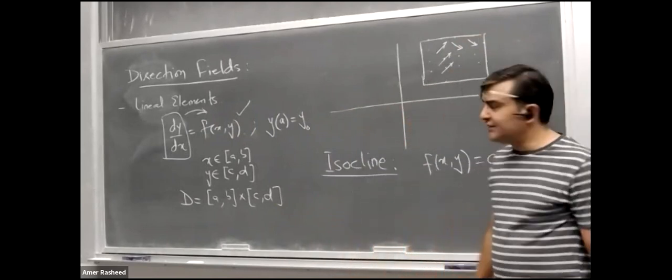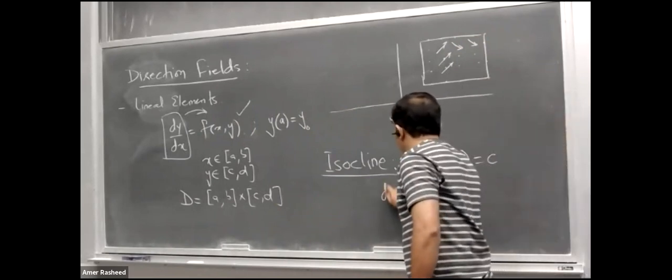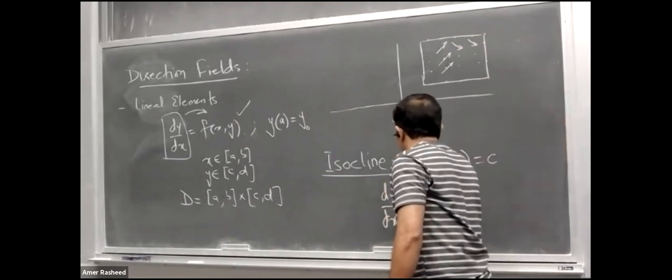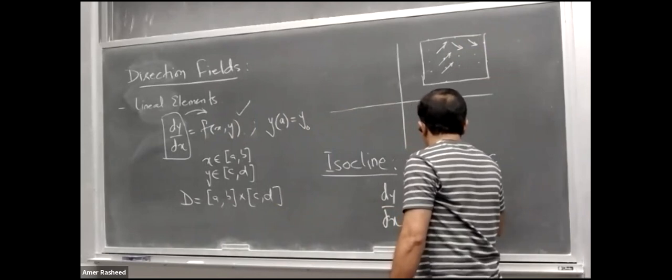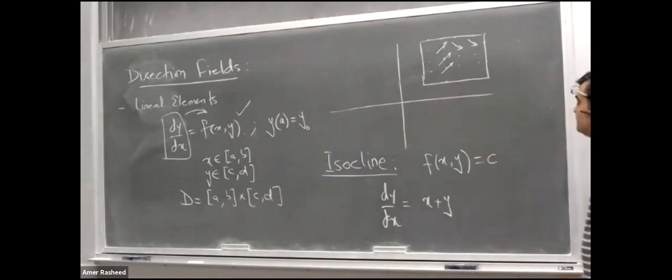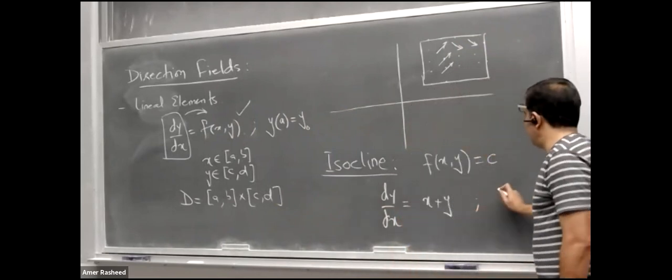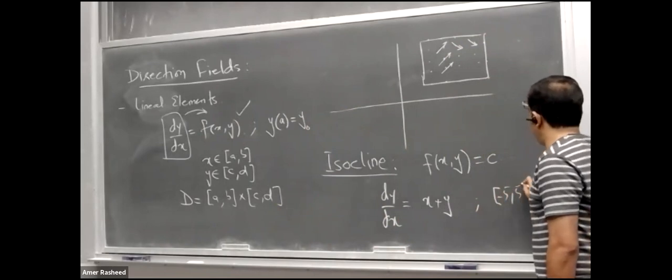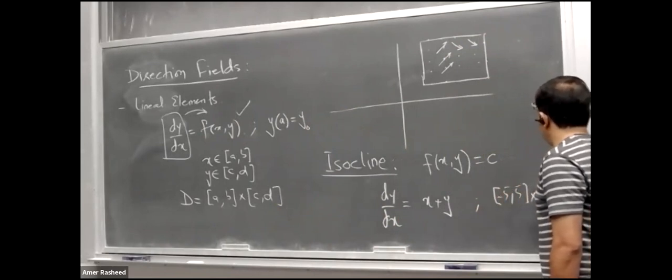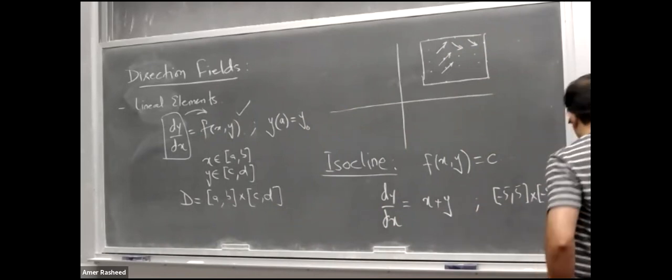For example, if we have dy by dx is equal to maybe x plus y, then with the domain maybe minus 5, 5 cross minus 5, 5. Okay, this is the domain, or whatever the domain is.